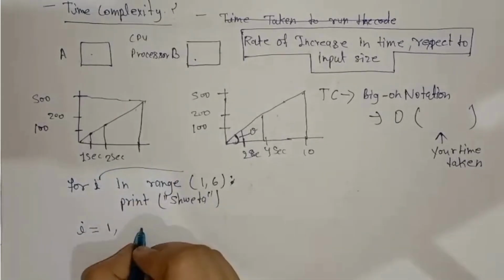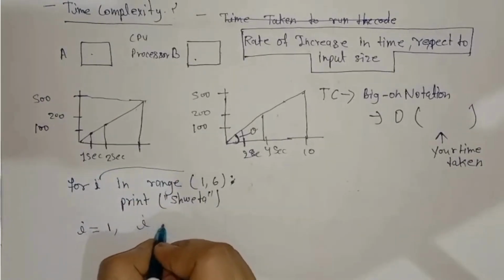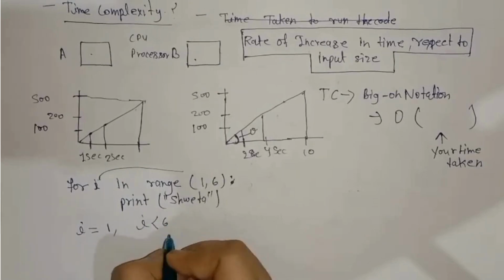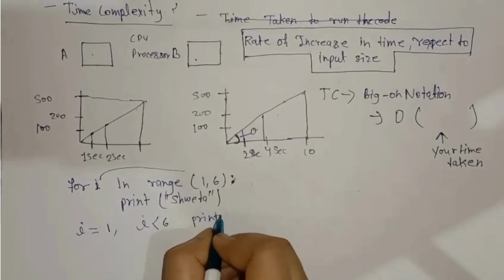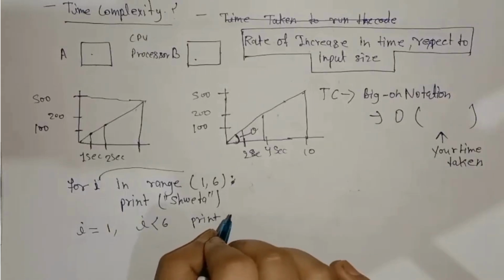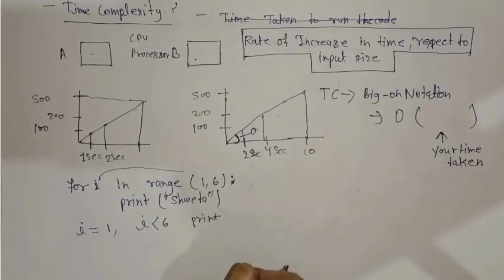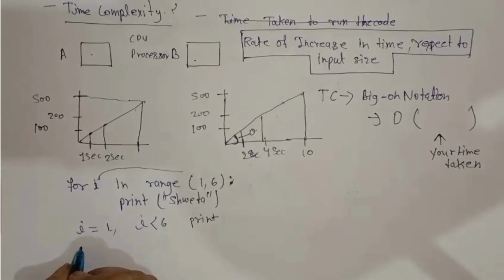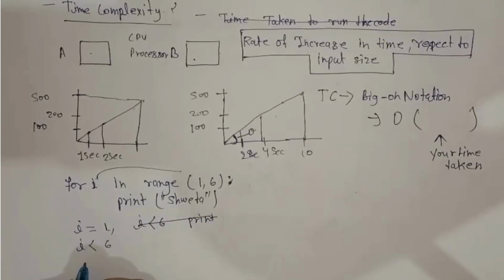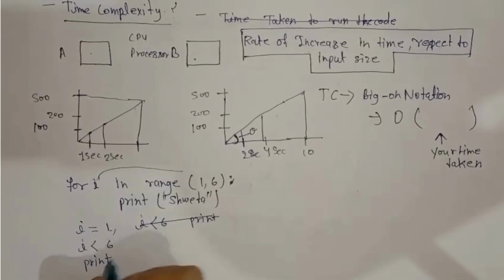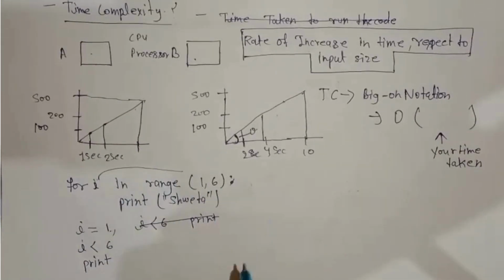Then next it checks whether i is less than 6 or not. If yes, then it prints. Okay, so one loop is complete.